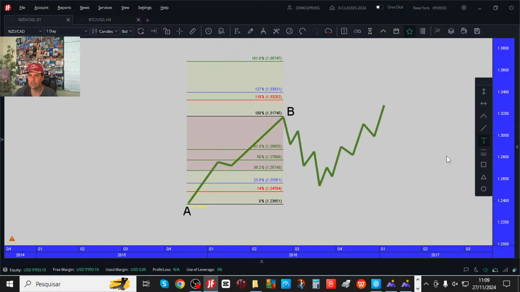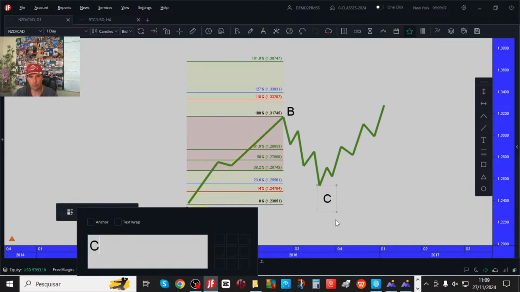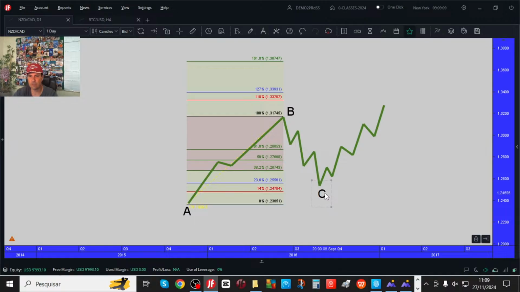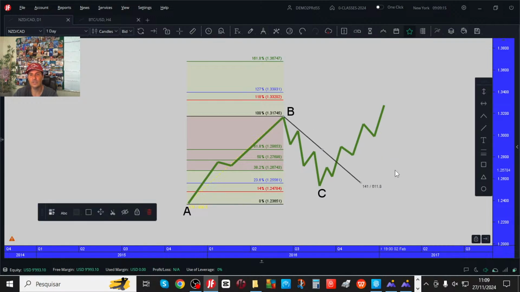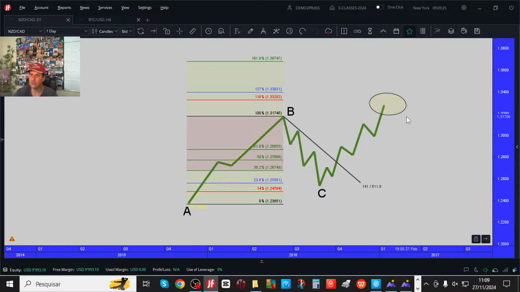Okay, everybody? Here you have the C, it's a confirmed C, you have a counter trend line break, the short-term trend changed, and you are up in here.